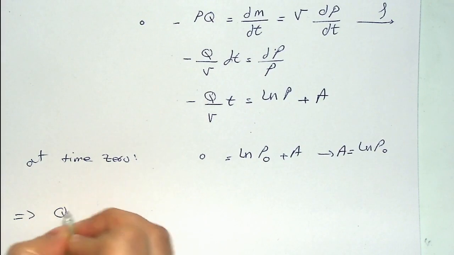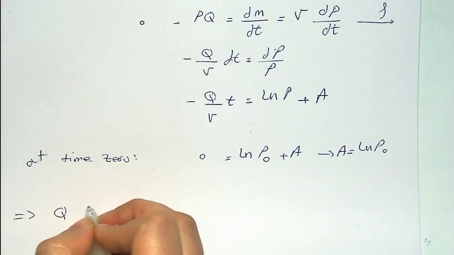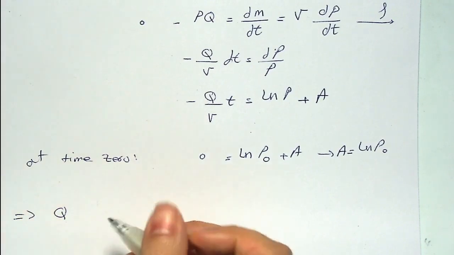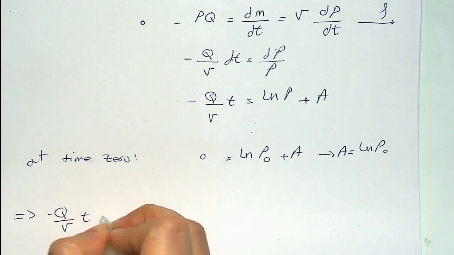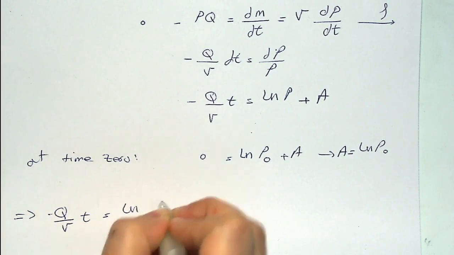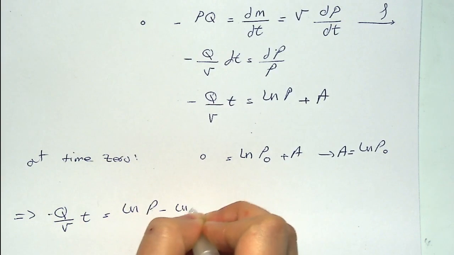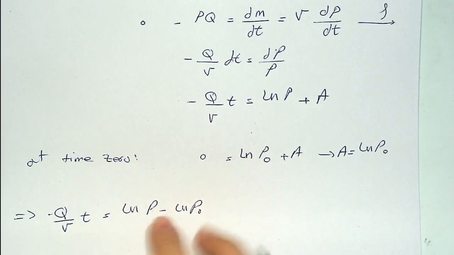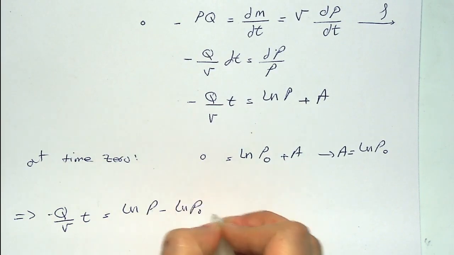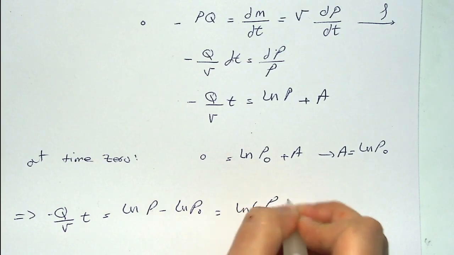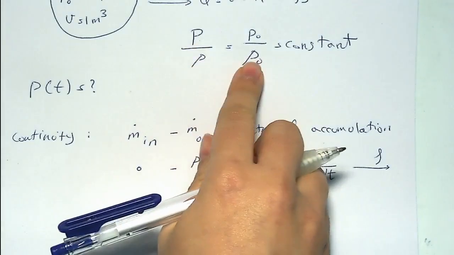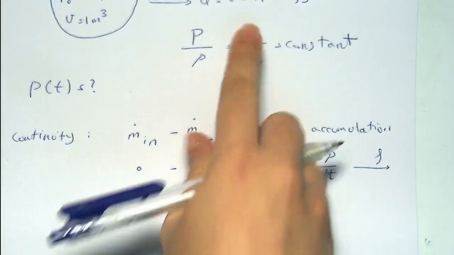I can rewrite that equation now, knowing what the constant is. So minus q over v by t is equal to ln rho minus ln rho 0, and you know that this is equal to ln rho over rho 0. And from the initial state, we know that rho over rho 0 is equal to p over p0.